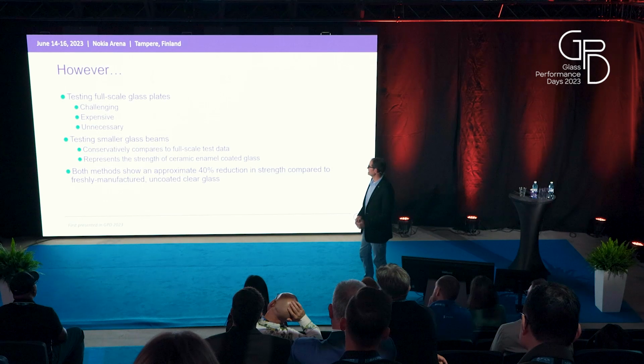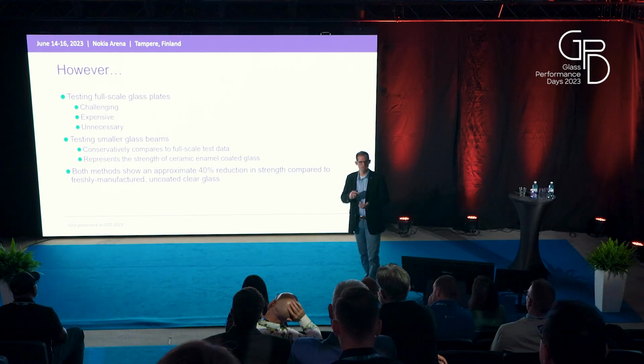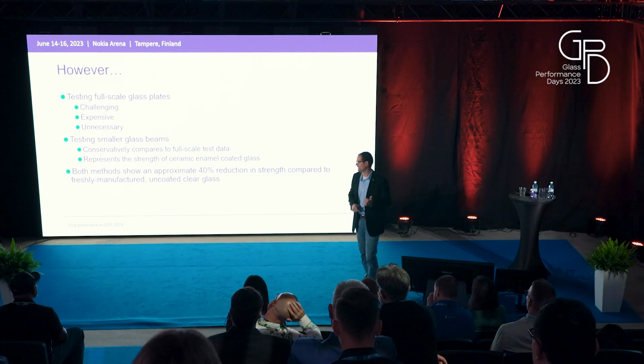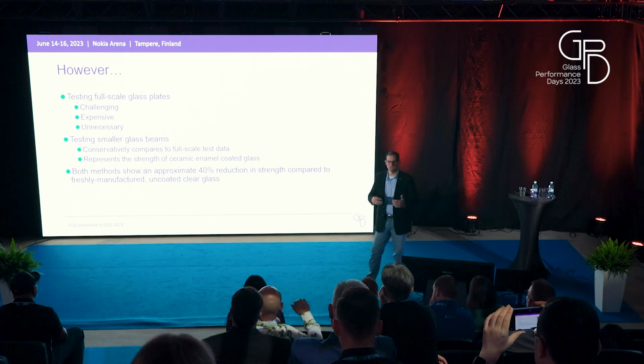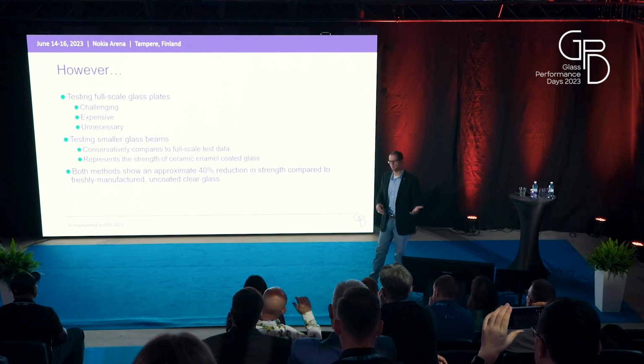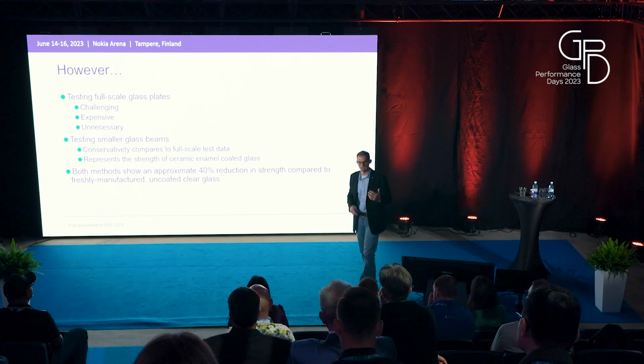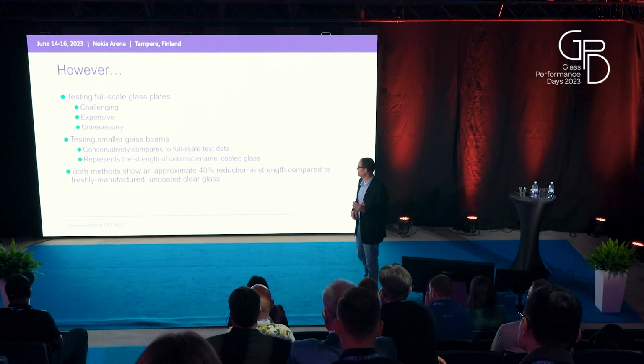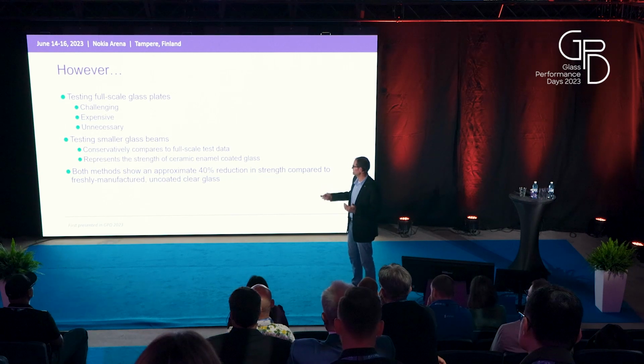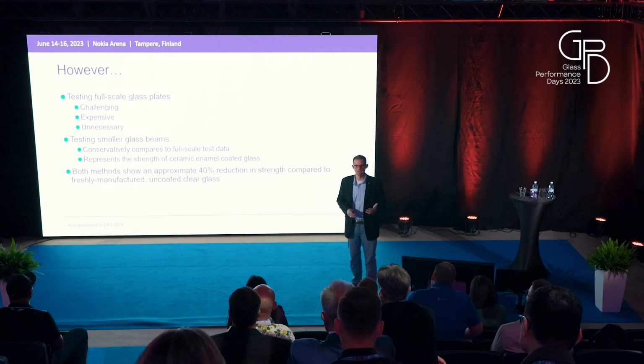So the problem with testing full plates, obviously, that's tough. They're heavy. You got to build the test frame. That's expensive. Transporting big plates is expensive. Making big plates is expensive, and it's not necessary. So what we've figured out is that you can actually test simple glass beams, 4-point bending, and you get the same results.